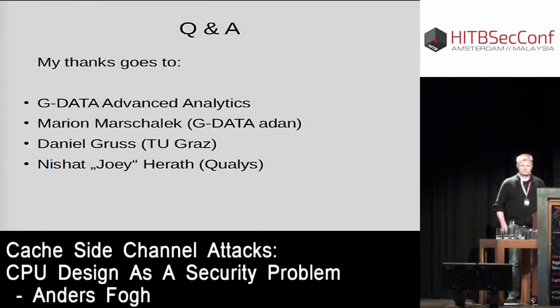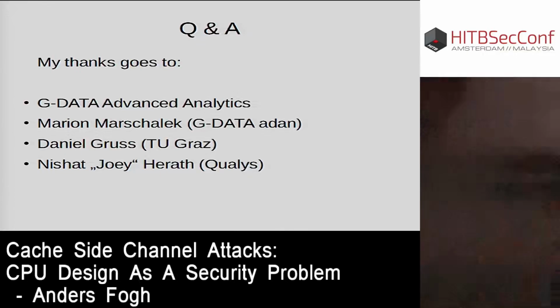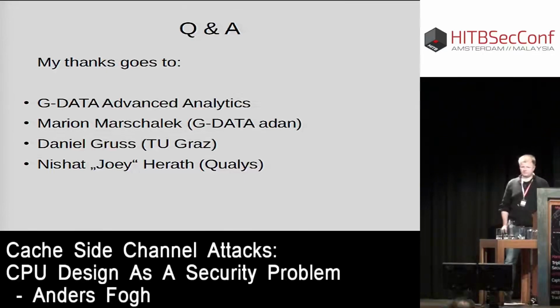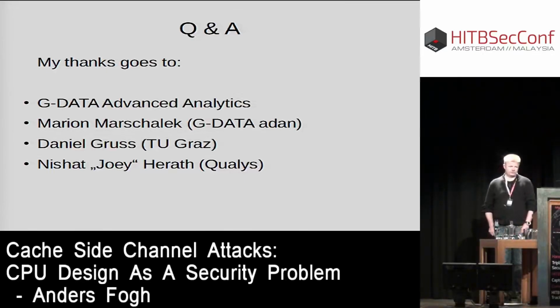Hi, cheers. I was just wondering what was the Rowhammer detection that you mentioned at the start that you were running on your own machine? The Rowhammer detection basically is the same as the flush and reload detection I talked about here. It basically uses a performance counter to count cache misses, and if you get too many in too short a period, well, it's not benign software, it's going to be Rowhammer.